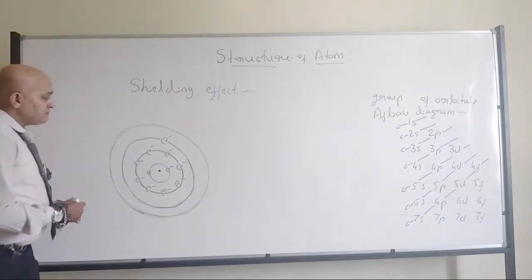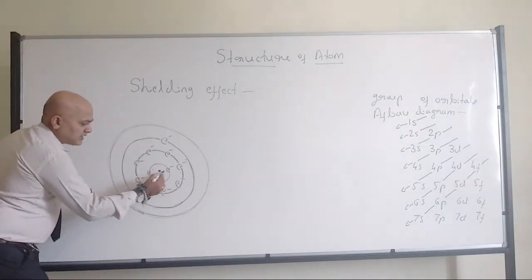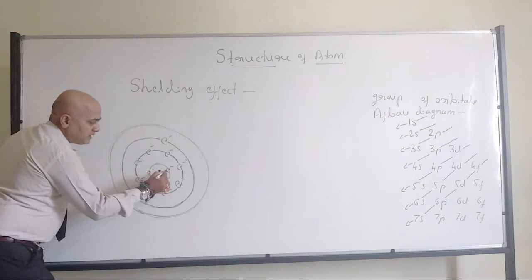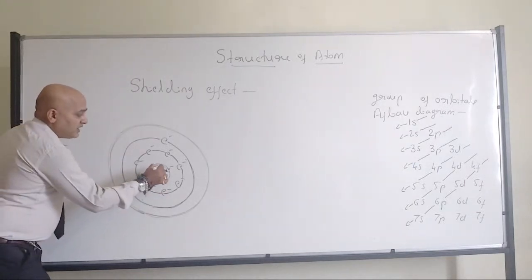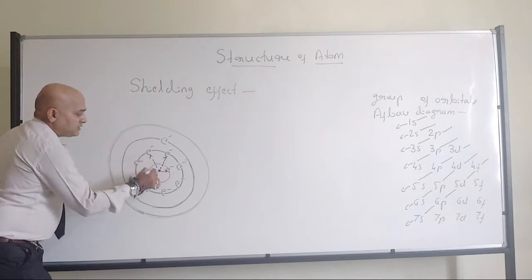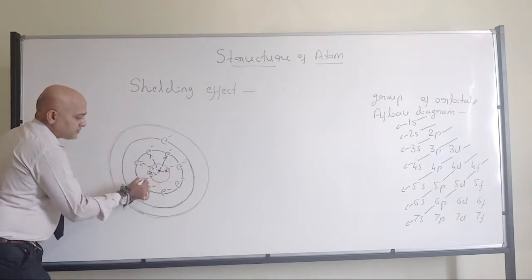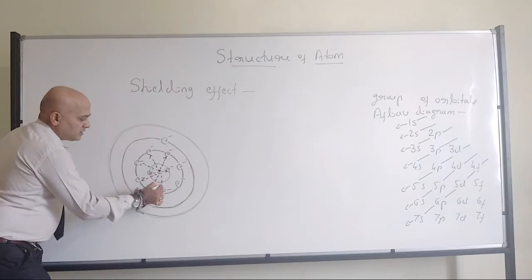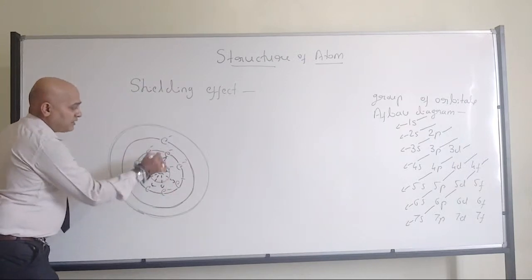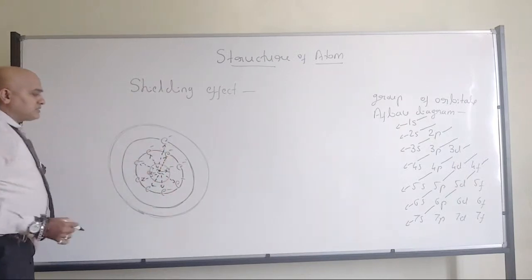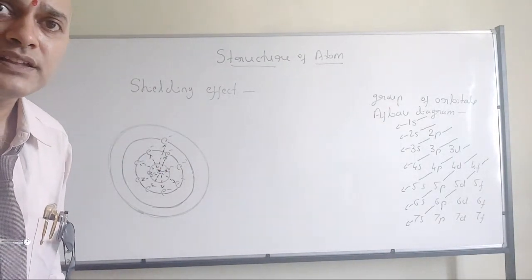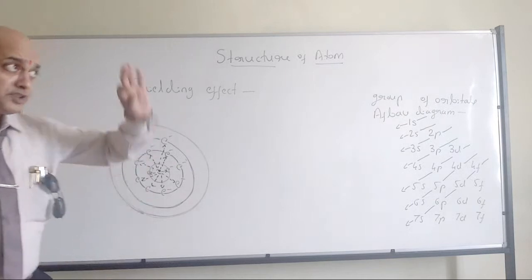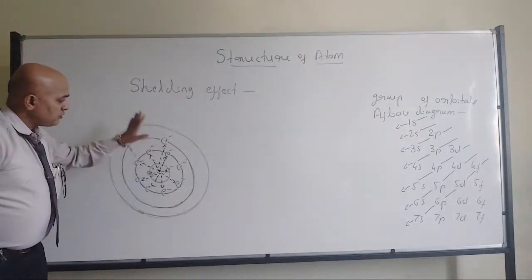If, for example, I have the inner shell electrons, they will be feeling some nuclear force acting on them. Same way, nuclear force will be acting on these electrons also, and even on the outermost electrons, nuclear force will be acting. All of you will agree? Okay? So that dotted arrow I am indicating is the nuclear force.